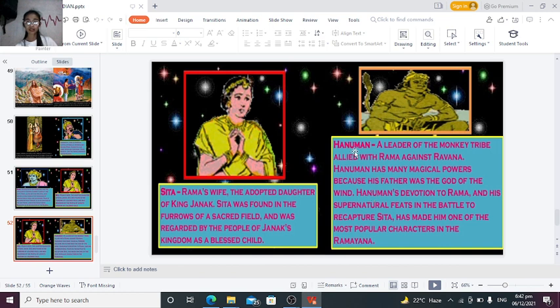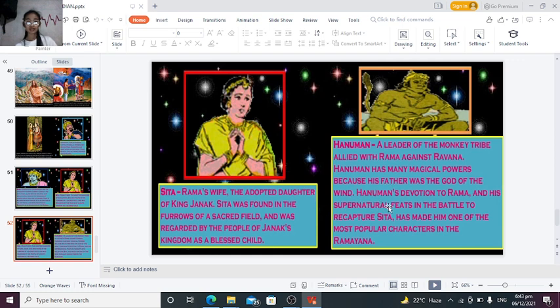So Hanuman, a leader of the monkey tribe, allied with Rama against Ravana. Hanuman has many magical powers because his father was the god of the wind. Hanuman's devotion to Rama and his supernatural feats in the battle to recapture Sita has made him one of the most popular characters in Ramayana.